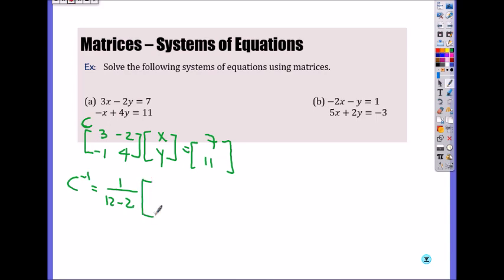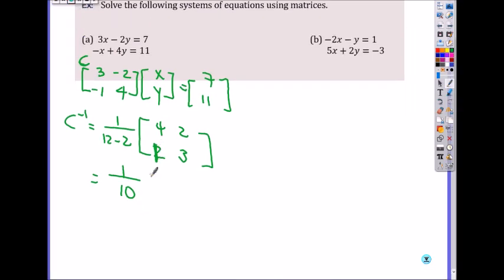Times, what do we do with 3 and 4? You switch them. What do you do with these two? Make them opposite, so negative becomes positive. So this becomes what? 1 over 10 times those.